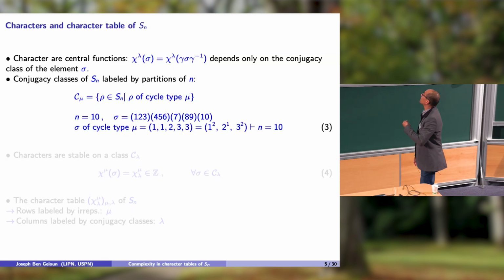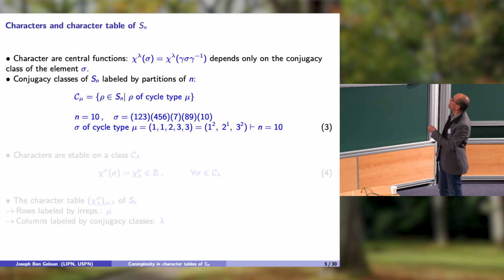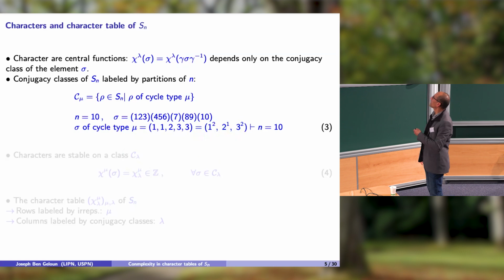We will use two ways of representing a partition: either this way, where you just list all parts, or a number and its multiplicity. So here you have 2 ones, so I write 1 power 2. 2, 1, because there is a single part of size 2, etc.